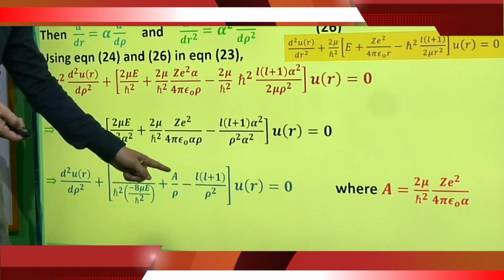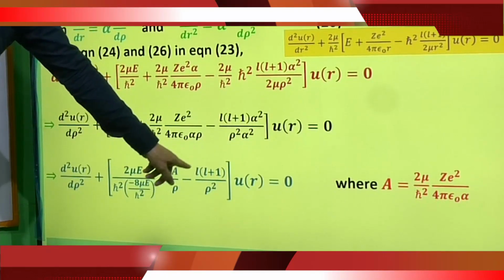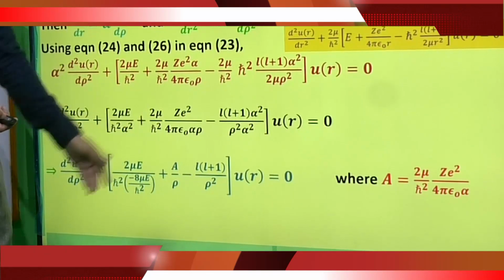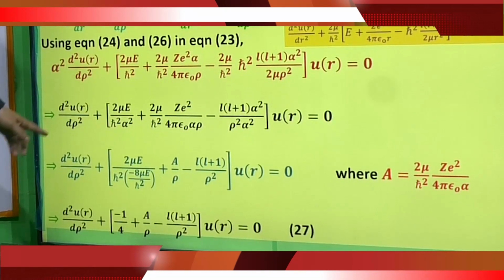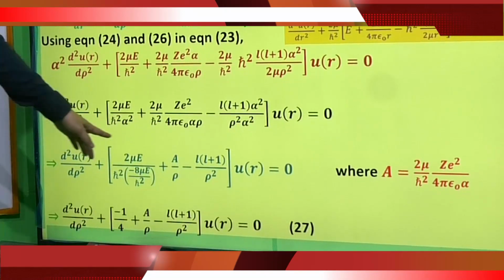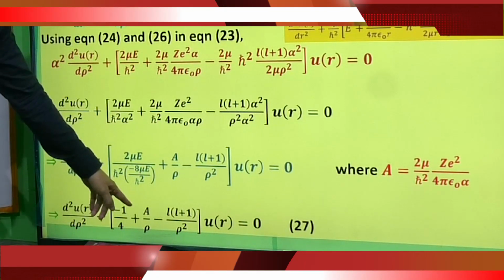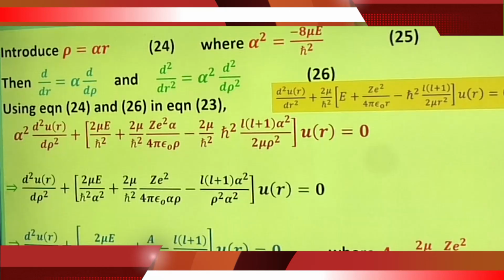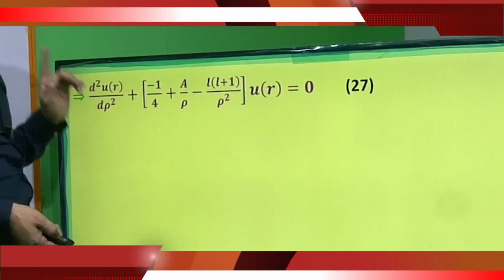So plus capital A by rho minus, same thing here, alpha square alpha gets cancelled, and you get only this term L into L plus 1 divided by rho square. On simplification, after cancelling you will get minus 1 by 4. This term no change. Last one no change. That is called equation number 27.